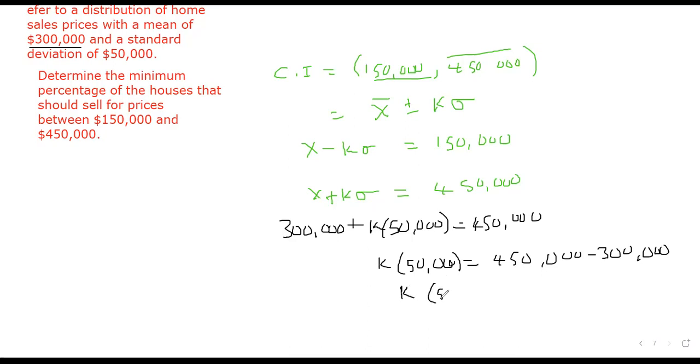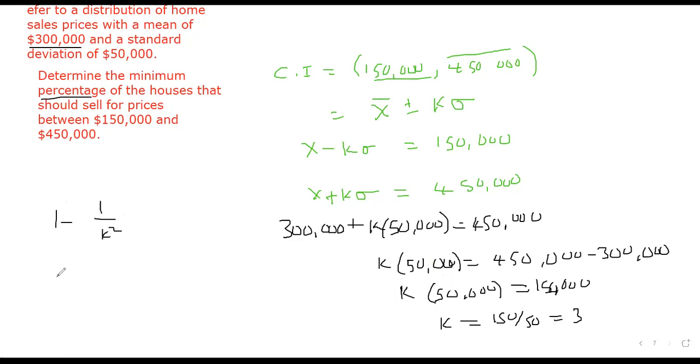So 150,000 divided by 50,000, what do we get? 3. So K is 3. But that's not the percentage. Because they're asking for the minimum percentage that will sell in that range, we use Chebyshev: 1 minus 1 over K squared.